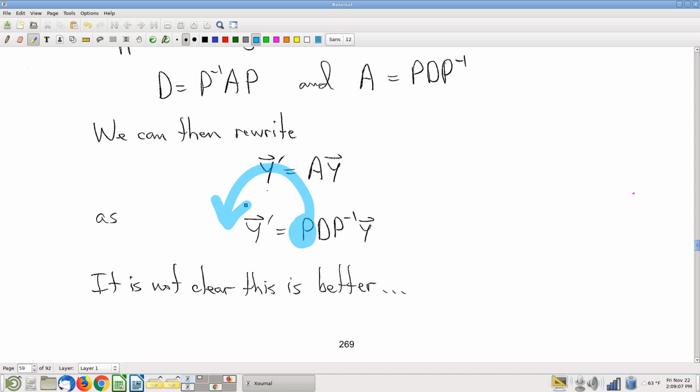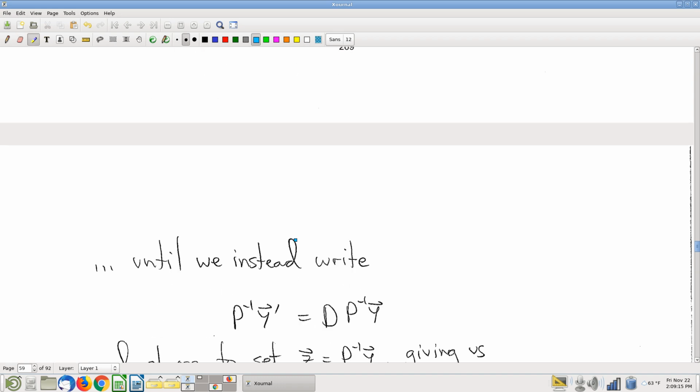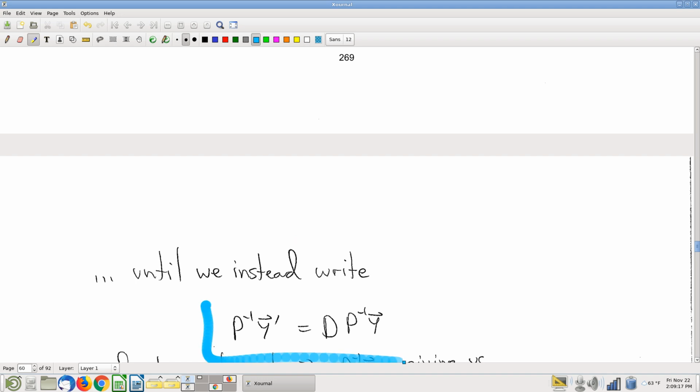Effectively, you're sort of whipping that over to the other side. And the result is this. Now, is this necessarily any better? At a glance, not immediately clear, because again, it still looks pretty weird. There's a bunch of stuff going on in here. P inverse is all over the place.